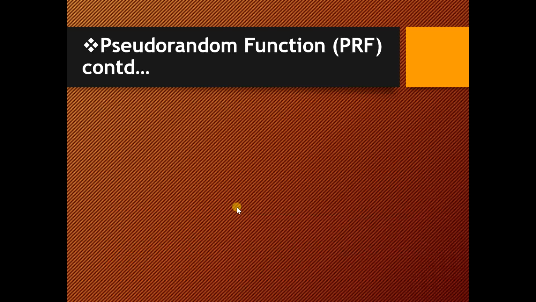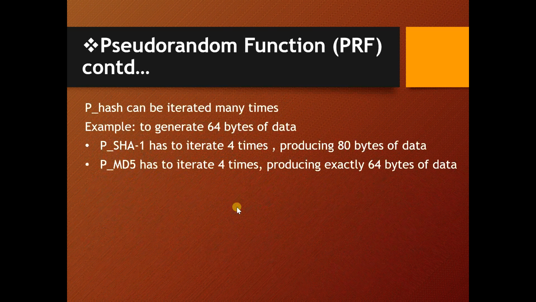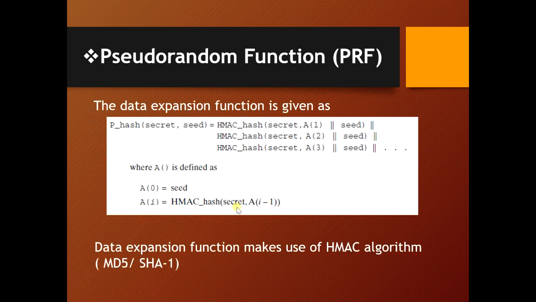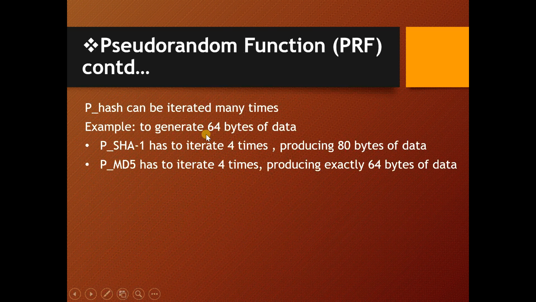Then this p_hash, that is the code that we have seen previously, can be iterated many times to produce the required quantity of data. Now for example, say I want to generate 64 bytes of data.